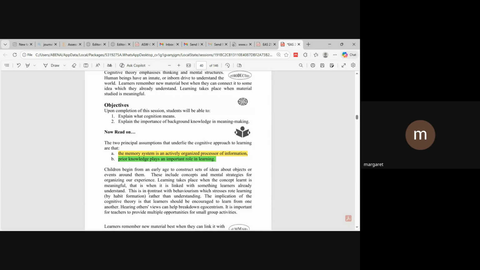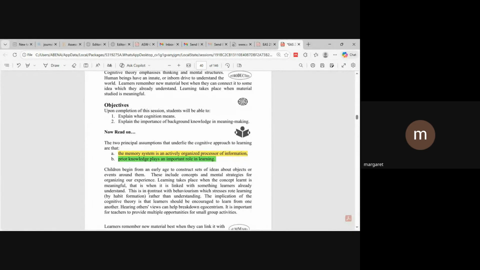All they emphasize is that you direct the learner to their previous knowledge. Build on their RPK, as we used to say, and when you get the RPK, they will be able to learn the new material. That is what the cognitive people are saying. So you don't need to do memorization before they learn.